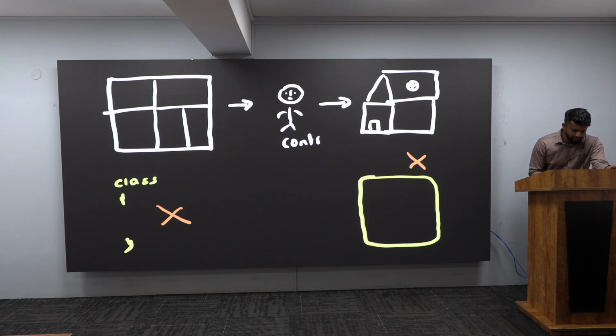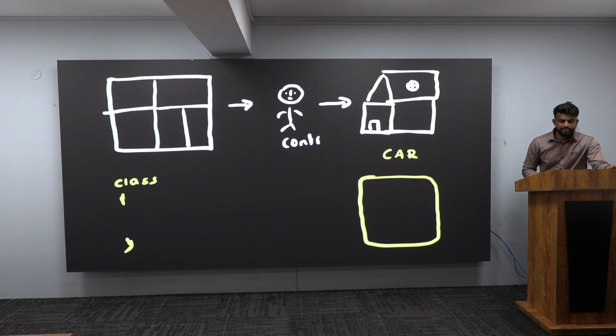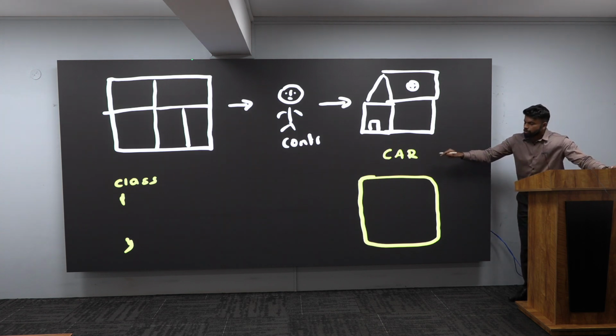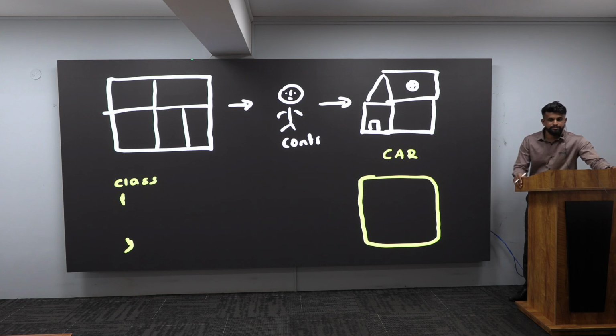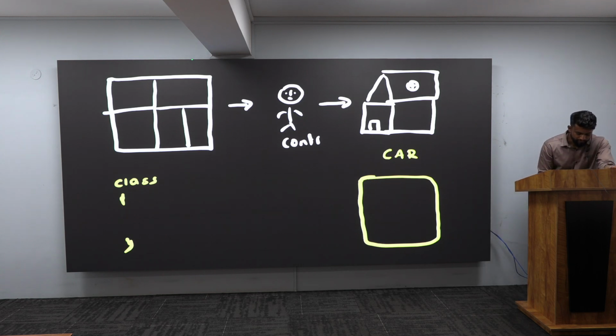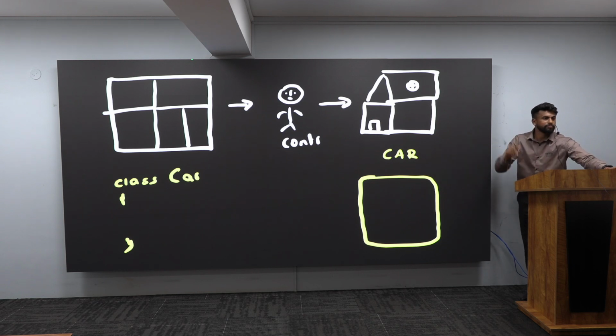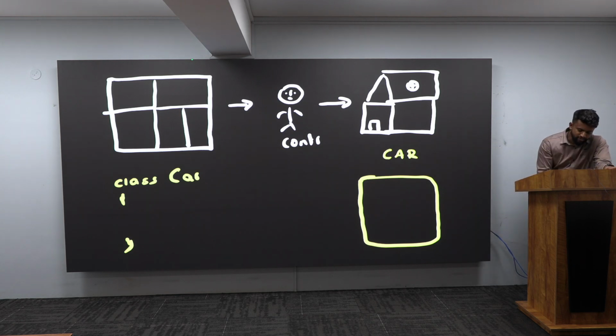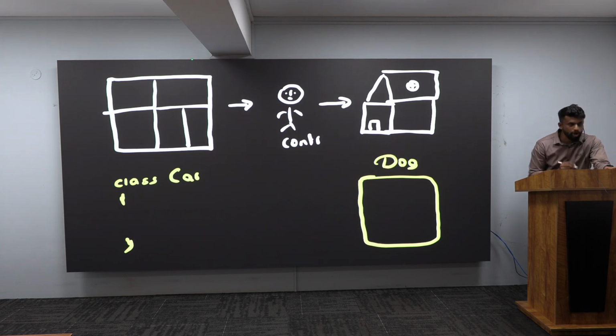What is the meaning of this, sir? So long way back, you have created one object. You have created a car object. Think and tell me, can I create a car object without a car class? No, that is why first you created a car class, after that you created a car object. After some time, you created a dog object.